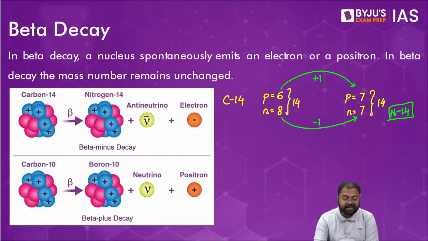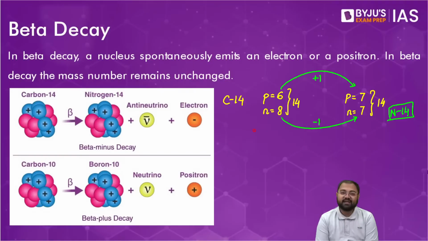And this is already an unstable carbon because the number of protons and neutrons is not the same. So it will try to gain stability. To gain that stability, we see that there is one extra proton and one less neutron. Now, does this mean that a proton is coming from somewhere outside? How are we getting this extra proton?